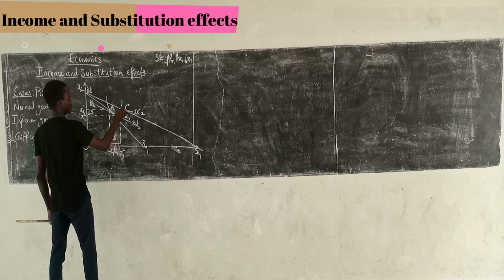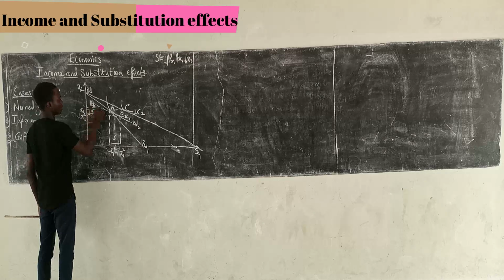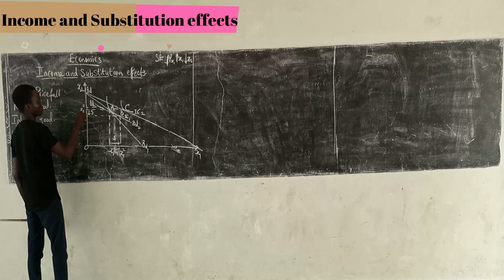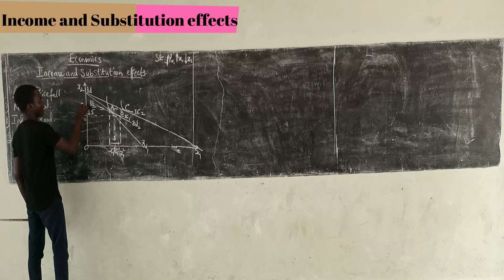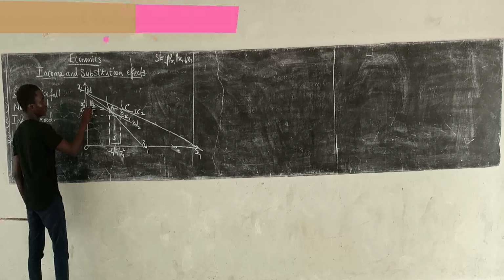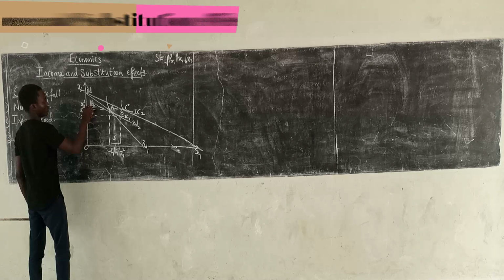Now at point C, if you trace it out, it's a little more than, okay, so this was X21, you have X23, which is just small. So income effect is saying that you should buy more of this good.